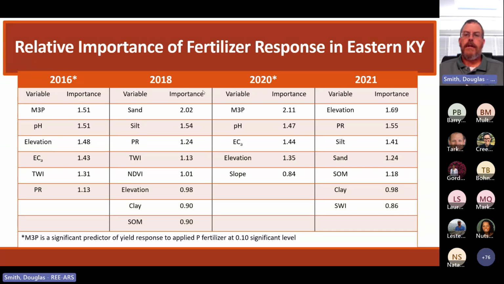In these 2 years, 2016 and 20, when there was a response to the phosphorus fertilizer, the thing that popped out was the soil test phosphorus level, this Mehlich 3 P. In years where there wasn't as great a response from the fertilizer application, you did not see a response in the yield coming out in these regressions from the soil test.